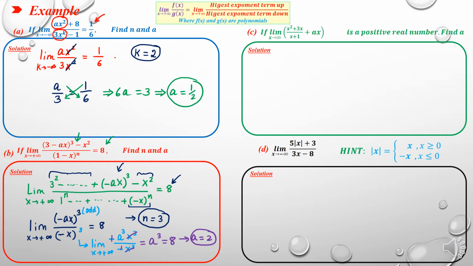Now in part C, we have the limit as you see. If the limit of x squared plus 3x divided by x plus 1, plus ax, when x goes to infinity, is a positive real number, find a. Firstly, you have to rationalize the denominator, so we can write ax as ax over 1 and multiply the top and the bottom by x plus 1.